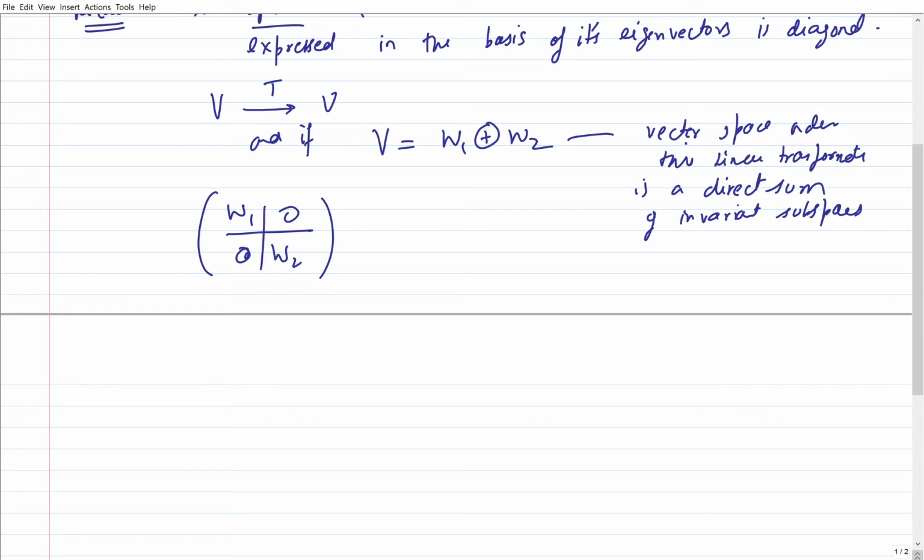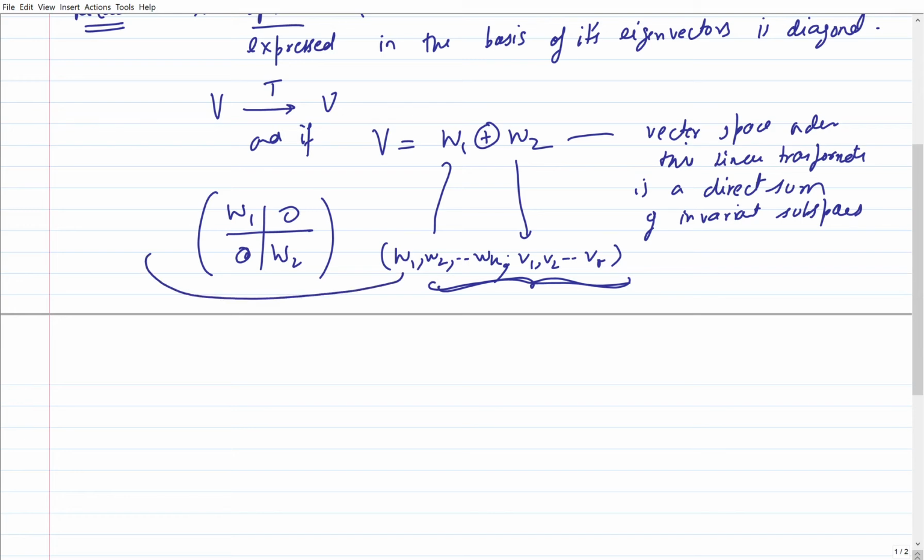And in what basis? If I just write down a basis of the ordered eigenvectors of these bases, let's say v1, v2 till vr, in this particular basis I'll have the matrix in this form, and you can check by inspection that it preserves the invariance of the subspaces.